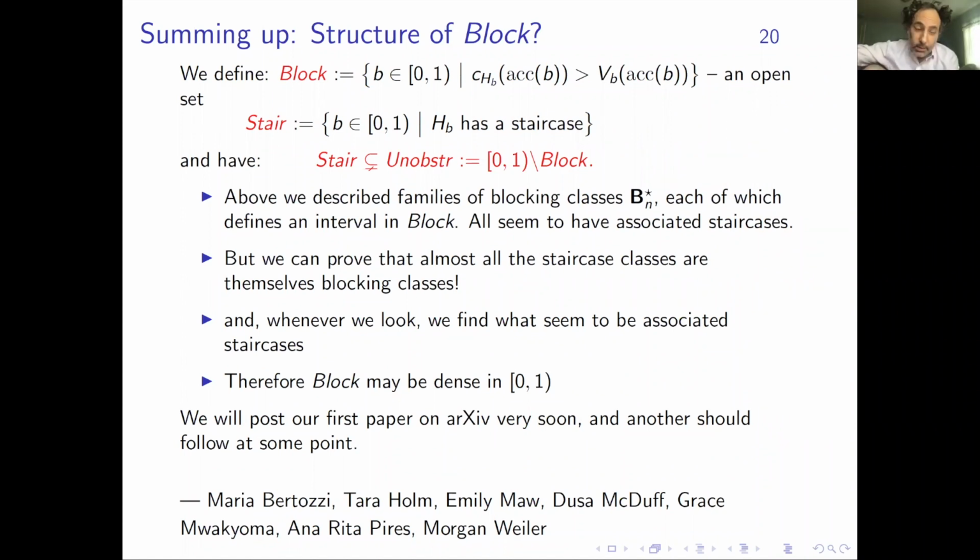Right, but the stuff underneath it. But the point is perfect classes should stabilize. They should give obstructions that stabilize. So these staircases, because they're all given by perfect classes, should stabilize. You absolutely have to check that, but it seems to me that they're given by perfect classes and therefore they ought to stabilize.